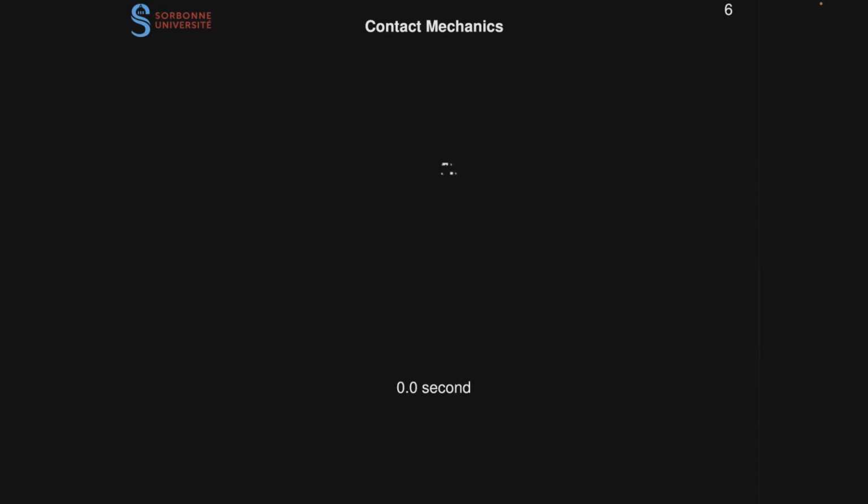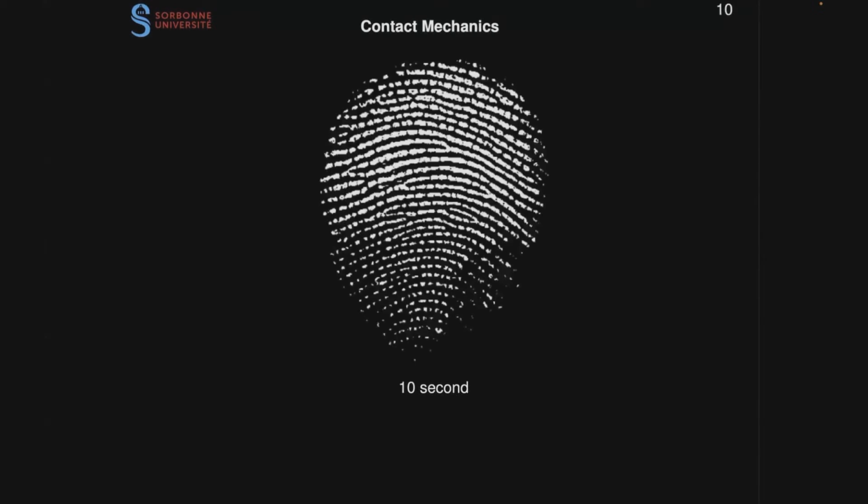And you can see it's very small. You can hardly see it, but if you wait a little, you can see that it grows through time. And after a number of seconds, the true contact area becomes your fingerprint. But it took a long time.